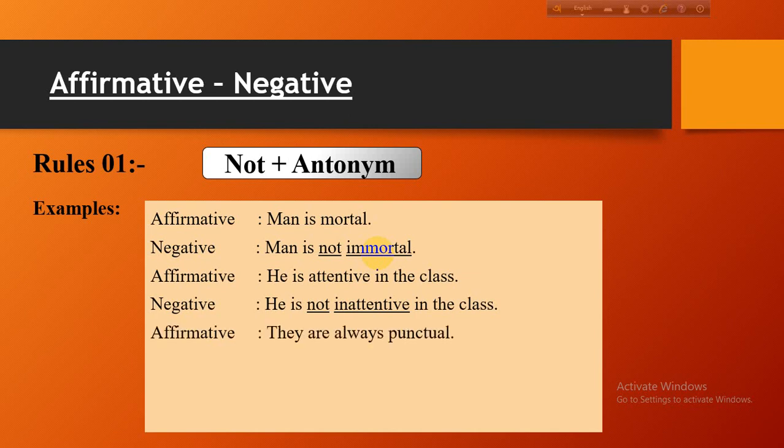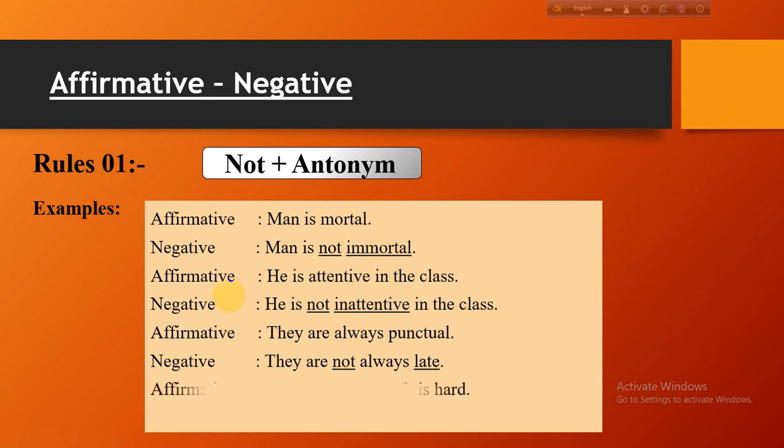Let's come to another example. They are always punctual. The answer will be: They are not always late. Again, after the be verb we have to use not, and the modifying word is punctual. The opposite of the modifying word is late, so we use late.